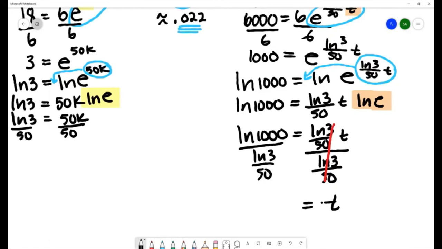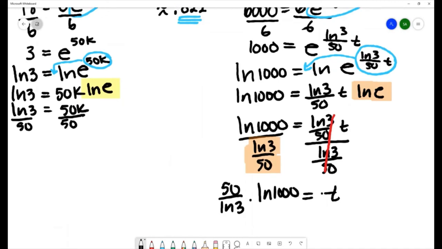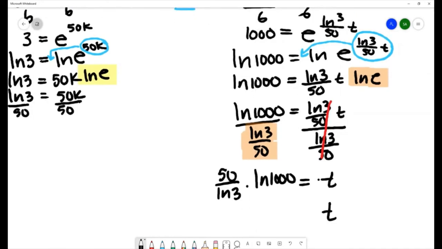And here I'm dividing by a fraction. When we divide by fractions, we can multiply by the reciprocal. So that's 50 over natural log 3 times natural log of 1,000. And I'm going to type in my calculator 50 natural log of 1,000 divided by natural log of 3 to see what that time is.